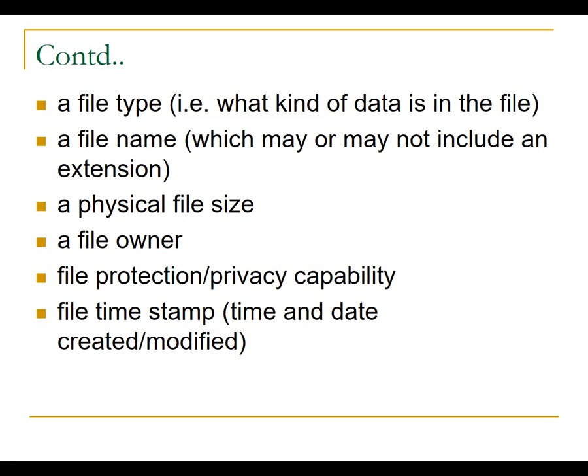The purpose of doing all these things is very simple: to provide file ownership, protection to the particular data, and giving the timestamp, that is the date of creation and the date of modification of the data.